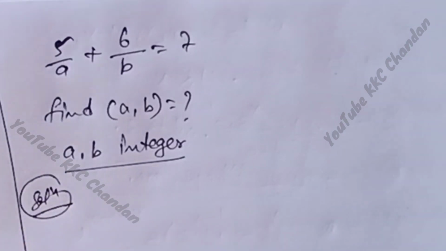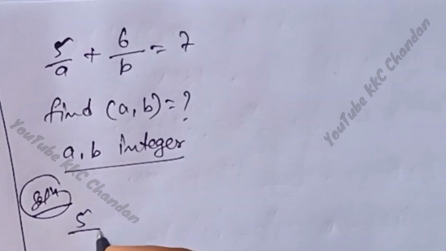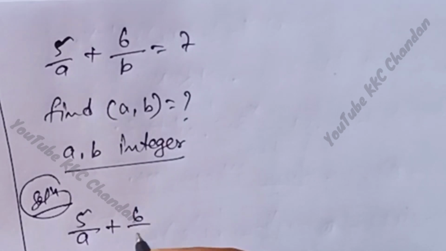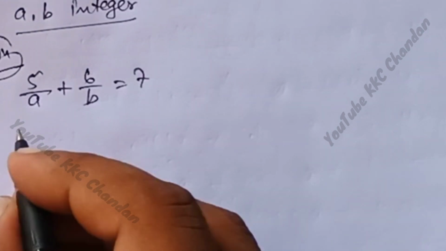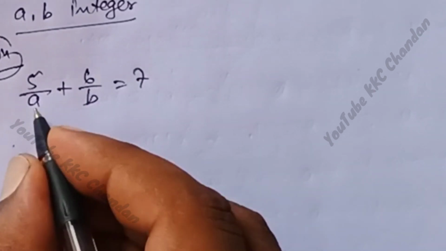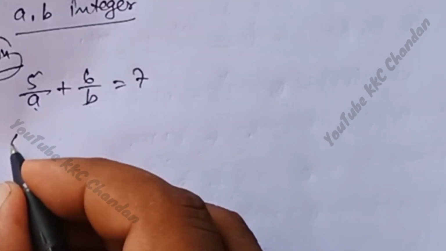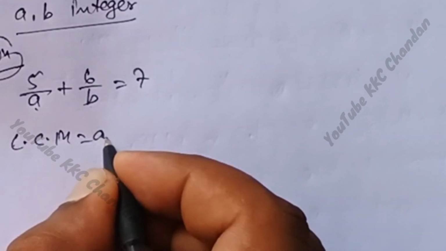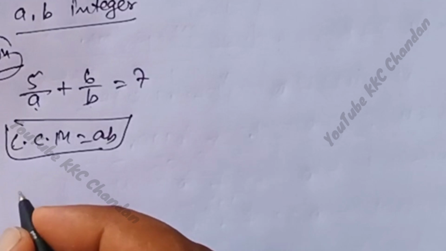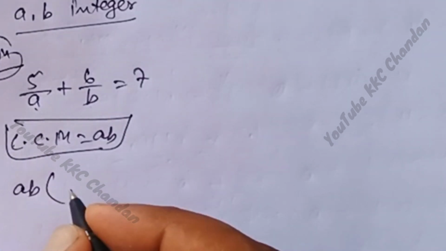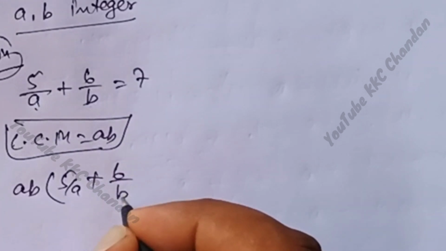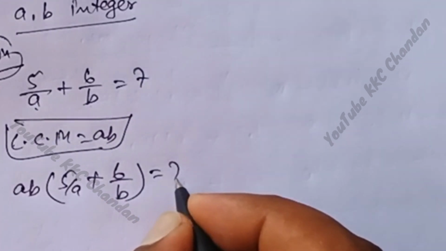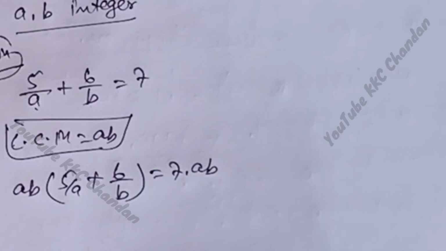Solution. First of all, 5 divided by a plus 6 divided by b is equal to 7. We know that the LCM of a and b is ab. So multiply both sides by ab: ab into 5 divided by a plus 6 divided by b is equal to 7 into ab.